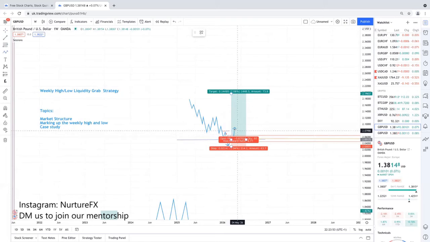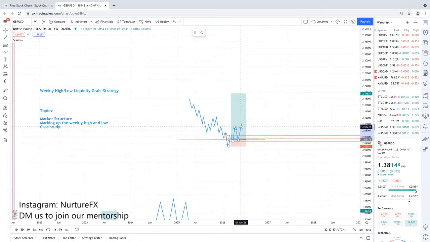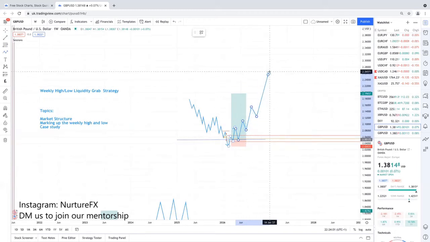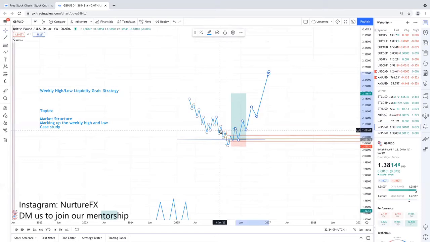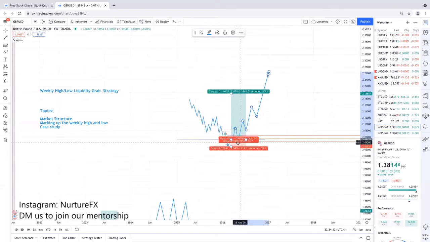We're aiming for price to come back down here, tag us in, and then keep going up. That's the structure we're looking for: the high that made the low to be broken, and then we enter on the institutional candle, 50% of the candle, and ride it up.